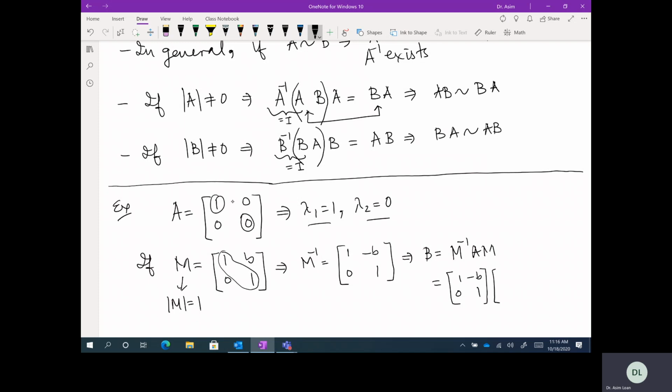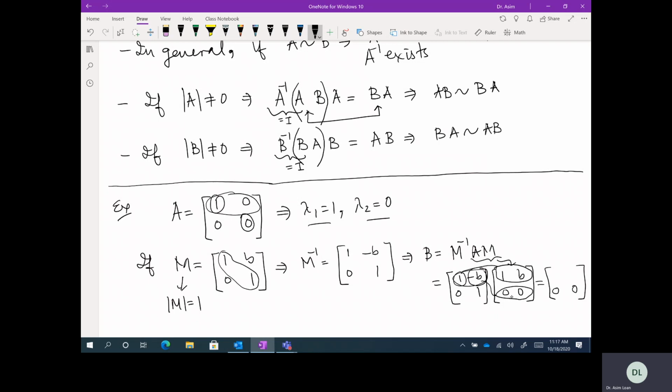And what is A times M? So A times M is, I am picking the first row here because this is 1 0. So AM is [1, b], and then there is no contribution of the others, so this is 0 0. And what is this equal to? 0 1 means I am picking the last row, so 0 0 here, and this means I am weighing the first row by 1, and the second row by minus b.